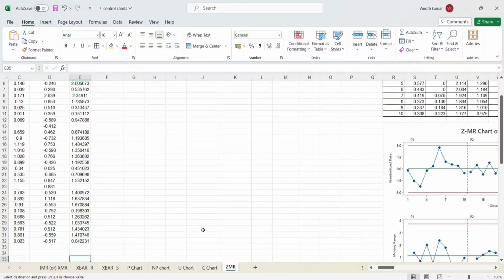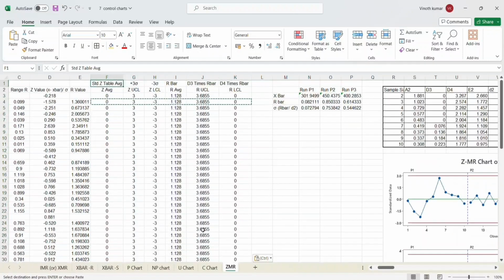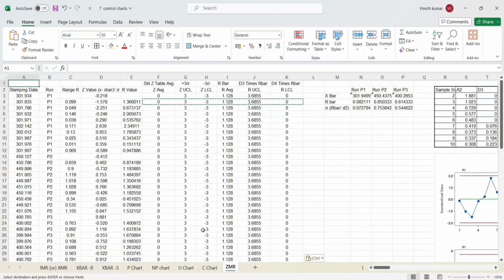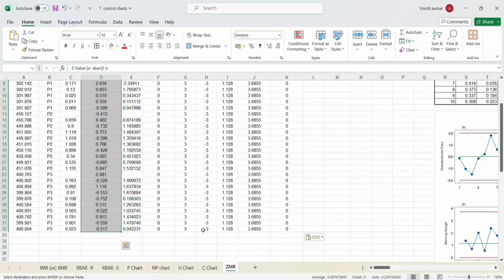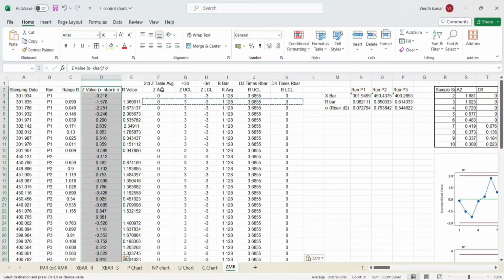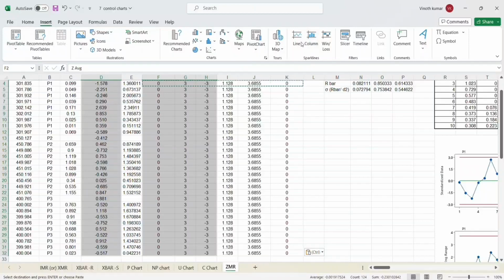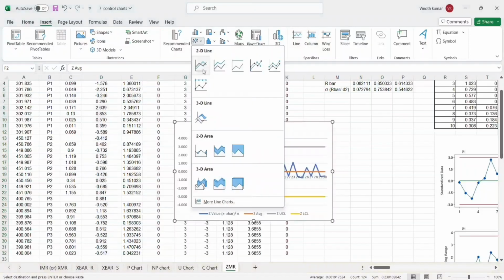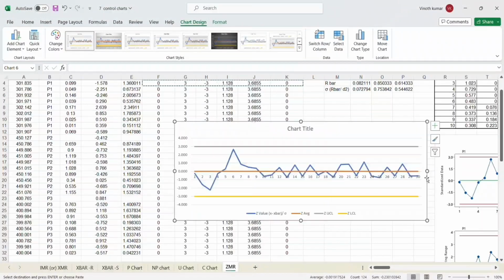So if we copy paste this, and then if we take the z value alone and try to draw the chart, you will get your z control chart.